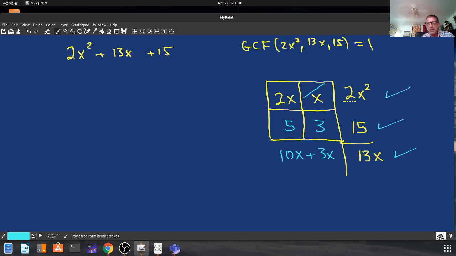So I have my factorization, and I'm good to go. My factorization is 2x plus 3, and these can be in any order, times x plus 5. So not too bad when the leading coefficient on the degree 2 polynomial is not 1.